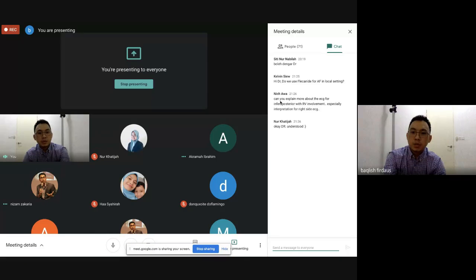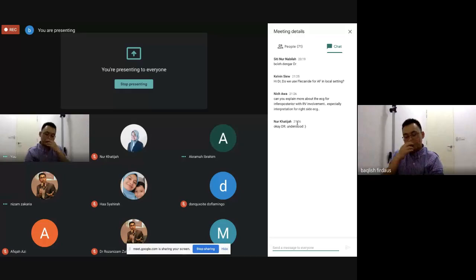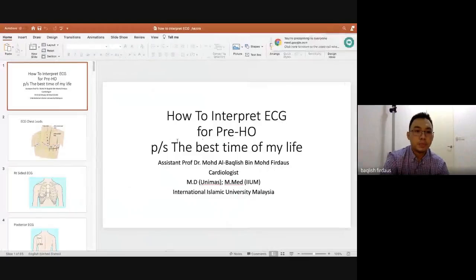So another question by Nish Awa. Can you explain more about the ECG for inferior posterior MI with RV involvement, especially the interpretation of the right-sided ECG? So let me open this one.